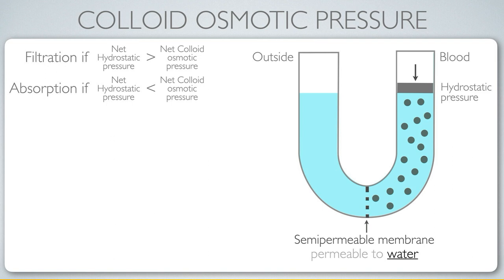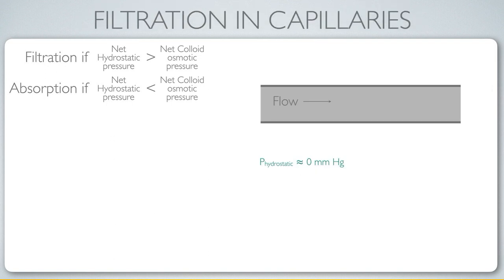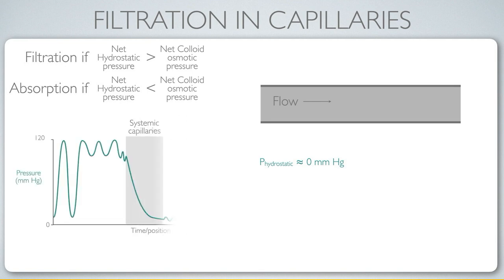Now, filtration and absorption is not an abstract concept. This happens in the capillaries all the time. So here we have a schematic capillary with blood flowing towards the right. And we've already considered blood pressure, right? We talked about how the blood pressure is really high in the left ventricle. It's maintained in the major arteries, but then drops as the blood flows through the capillaries of the body.